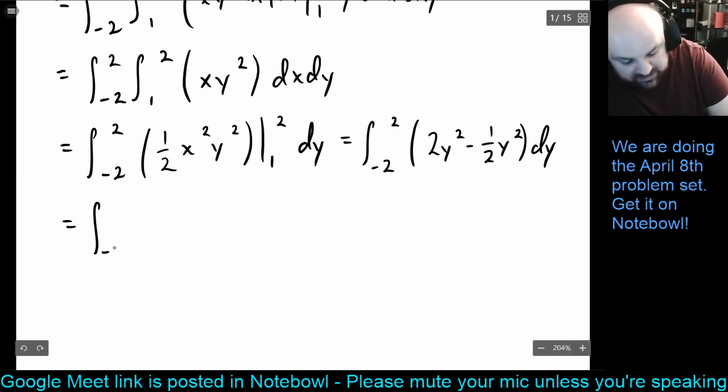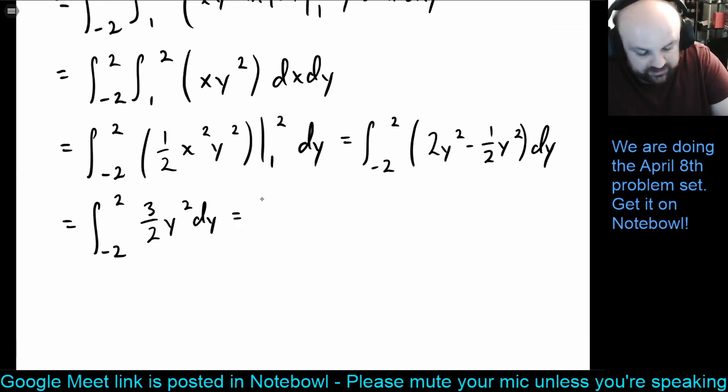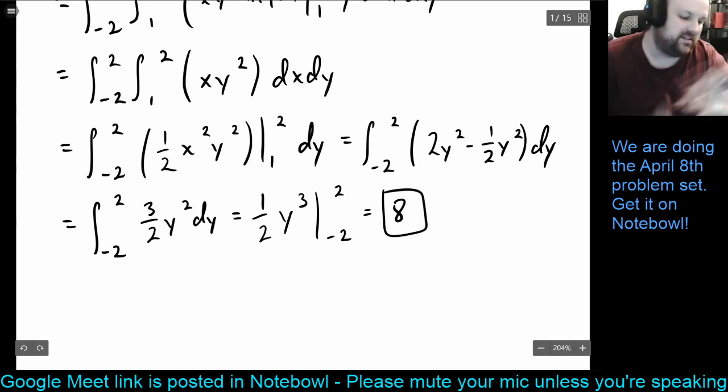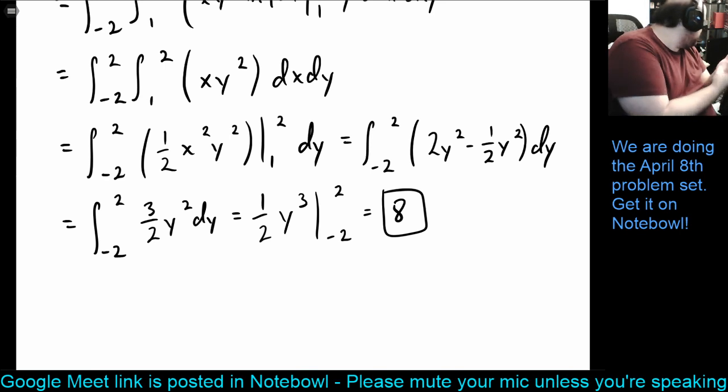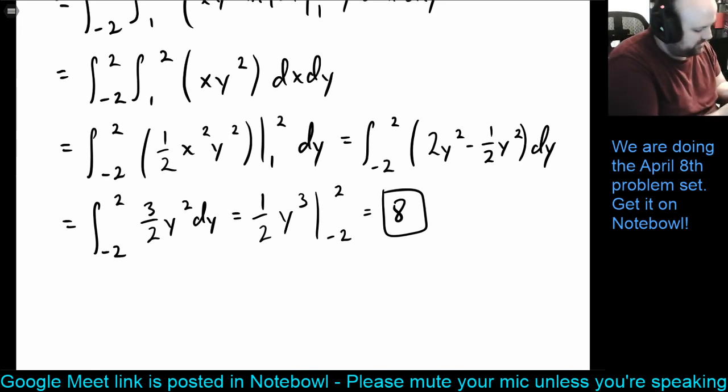So maybe we'll simplify that a little bit just to make life easy. It's going to be 3/2 y squared dy. All right, and then now just finish this off. So integrate this, we get 1/2 y cubed from -2 to 2, which is going to be 8. At this point, you can do that.